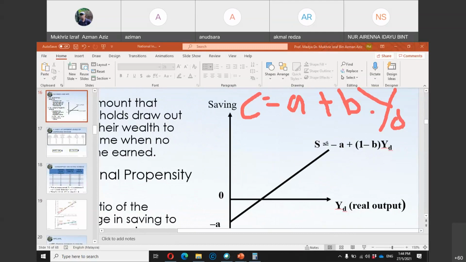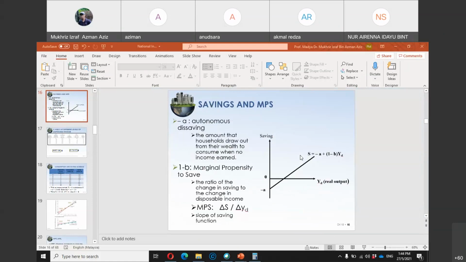The opposite holds for the saving function: negative A plus 1 minus B multiplied by disposable income. So why do I need to refer to this again?